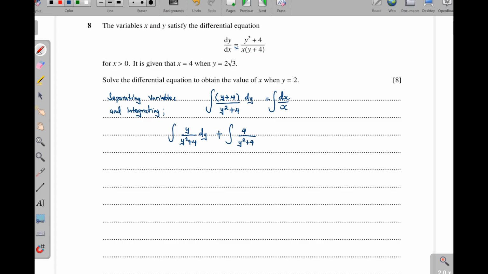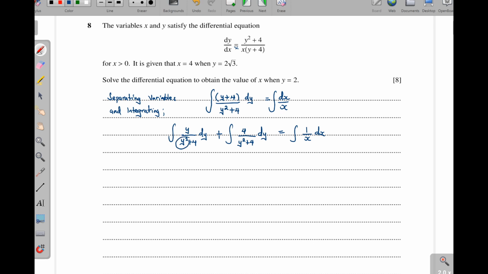Okay, when I differentiate y squared plus 4, I get 2y, so I can get the y up there. But this is a constant, and this is y squared plus the 4, that will be arctan. So this one involves the natural log, this one involves the arctan. So we also come to this one here, 1 over x, with respect to x.